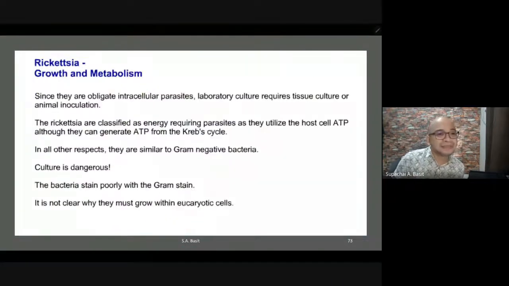Okay, so since they are obligate intracellular parasites, laboratory cultures require tissue culture or animal inoculation. So the Rickettsia are classified as energy-requiring parasites, just like Chlamydia. In part one, we discussed Chlamydia, which is an energy parasite.